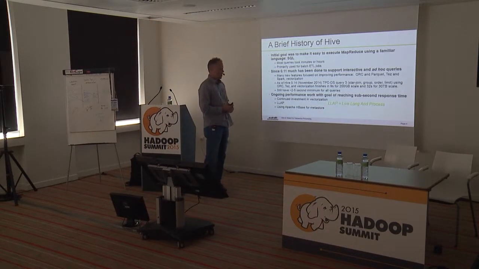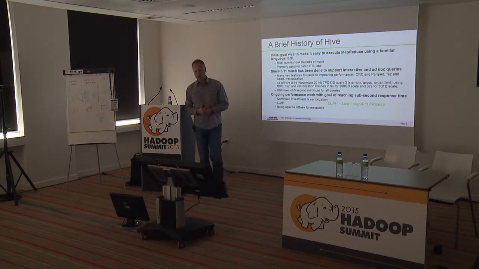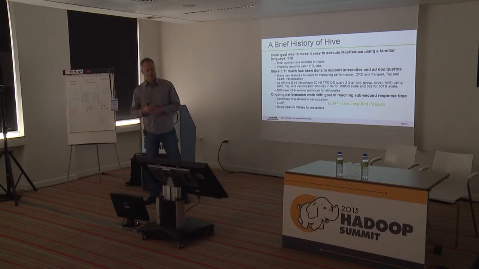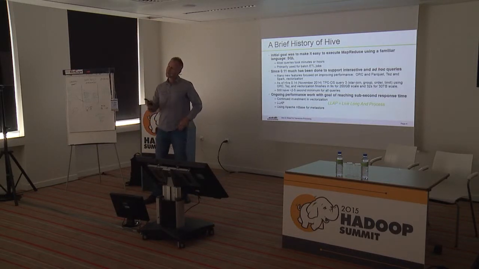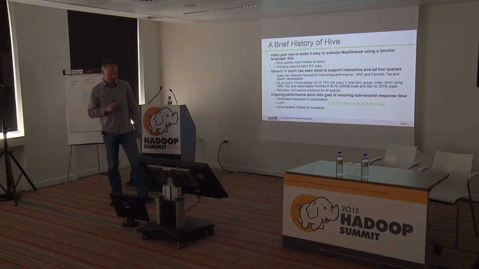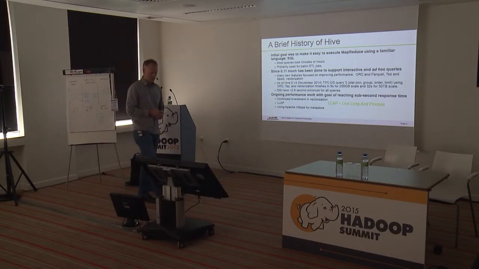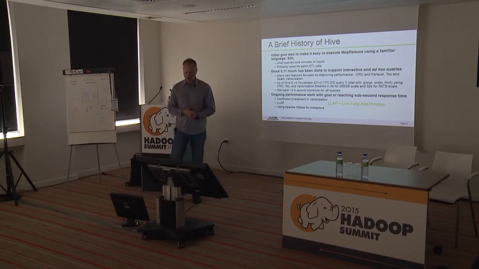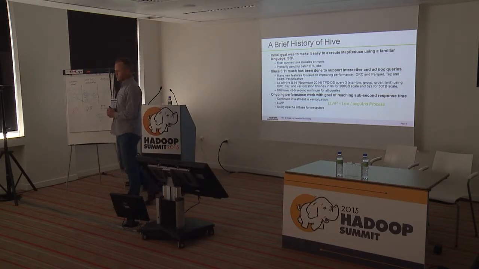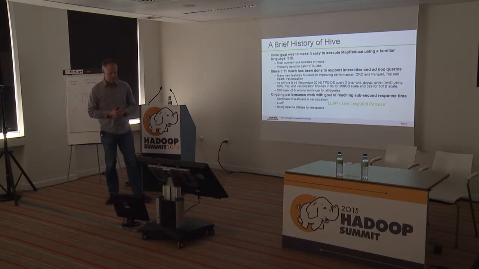Starting with Hive 0.11, which was a couple years ago now, there was a real emphasis on making Hive good not only for those batch jobs, not just very large jobs that might take a long time, but also for interactive and ad hoc queries, where you're looking at much shorter time spans, where you want things measured in seconds or maybe even milliseconds.